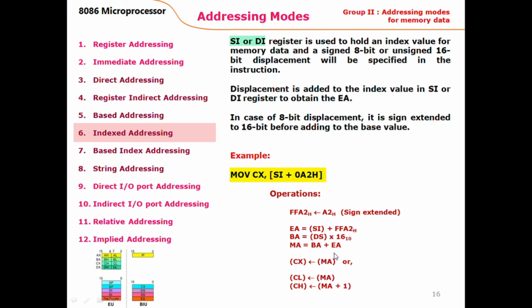The base address, which is the starting address of the data segment, is left shifted by one hexadecimal place, just like before. The sum of the effective address plus base address would give us the memory address or the physical address. And the 16-bit content at this physical address is copied to the CX register. In other words, the byte at this memory address is copied to the CL register, and the next byte is copied to the CH register.